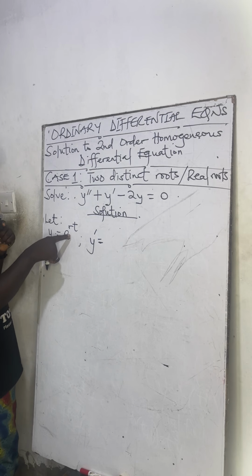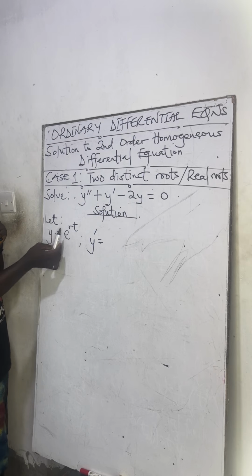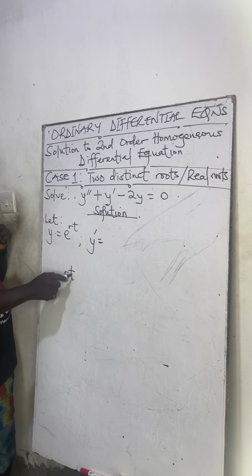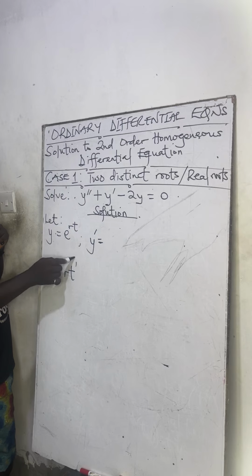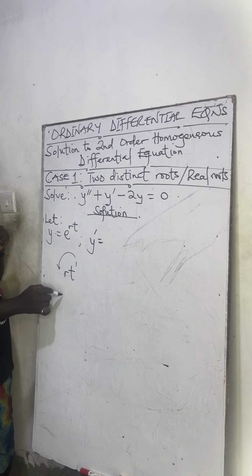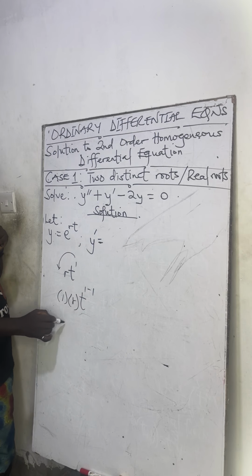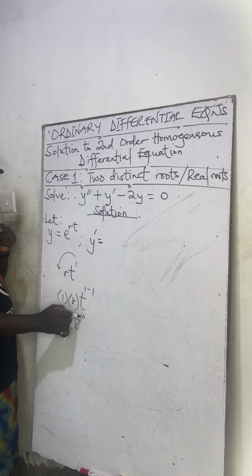How do we differentiate an exponential function? We differentiate the power, which is rt. When you differentiate rt, it is r t exponent 1, so we get 1 times r, then t exponent 1 minus 1, which is t exponent 0.